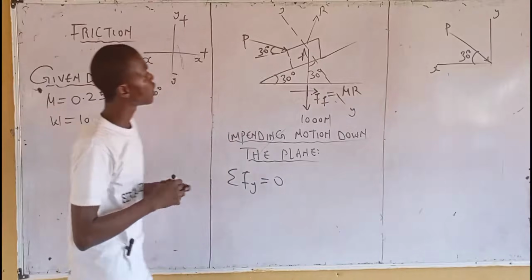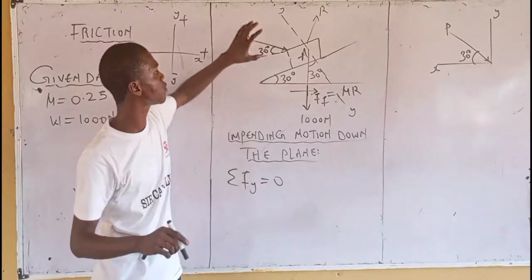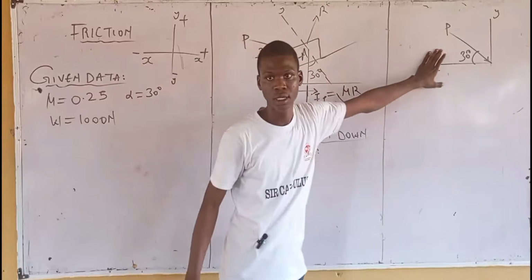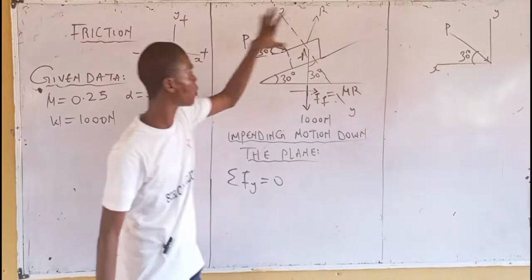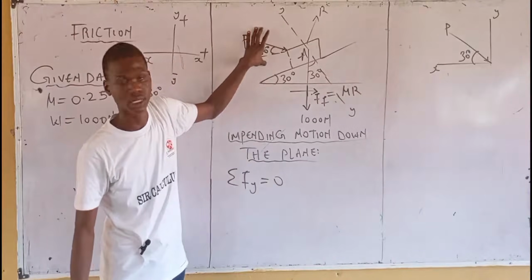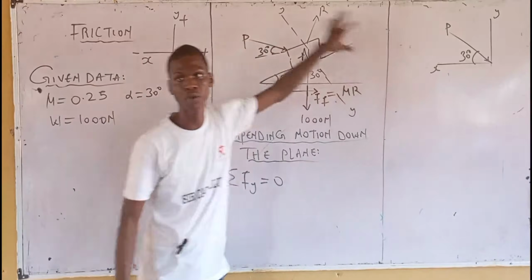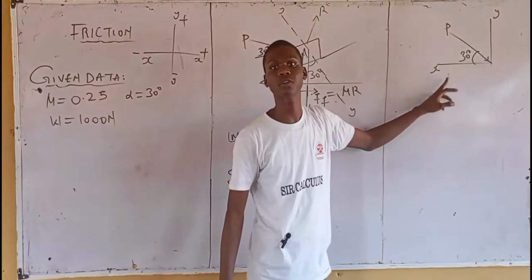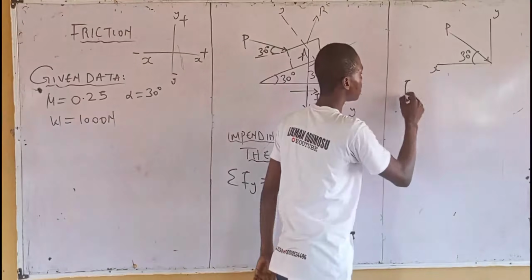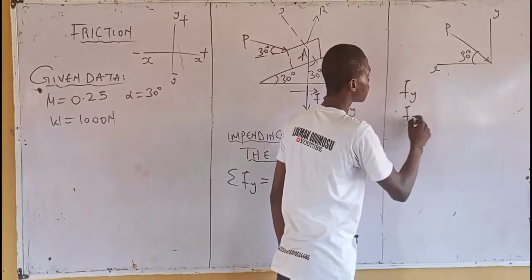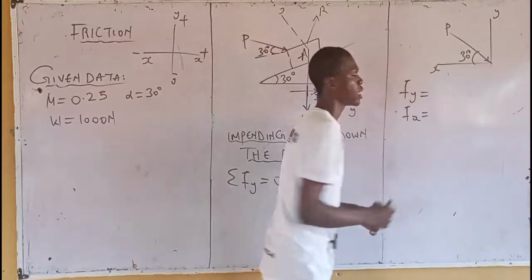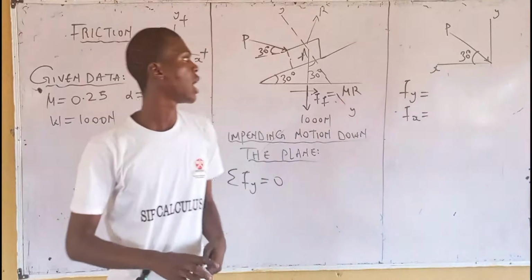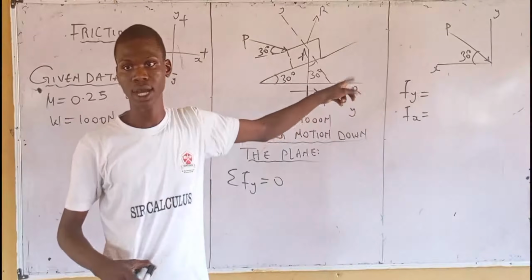Now ask yourself, is there a difference between this and this? No difference. I brought this component out from this diagram. Now what we did here, me having something of this nature, I'll solve in the y-axis and I'll solve in the x-axis. First thing first, I have an inclined angle.